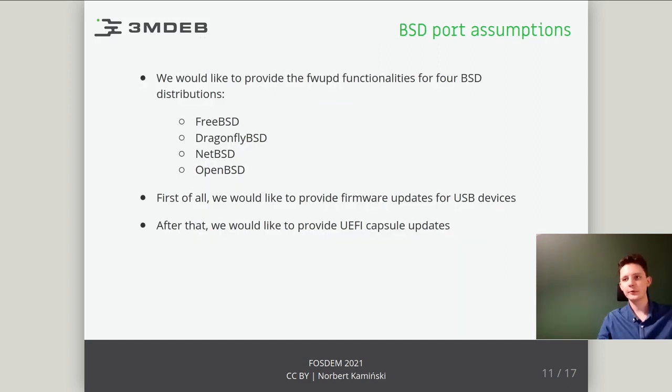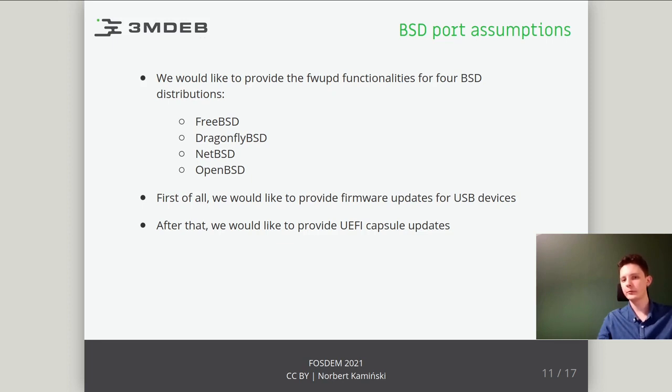We would like to provide the fwupd functionalities for 4 distributions: FreeBSD, DragonFlyBSD, NetBSD, and OpenBSD. First of all, we would like to implement firmware updates for USB devices.